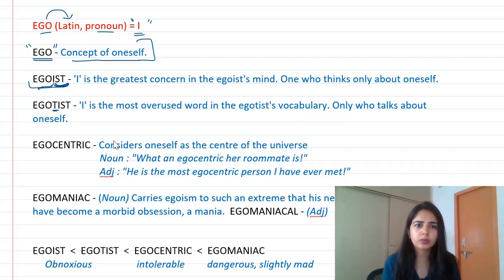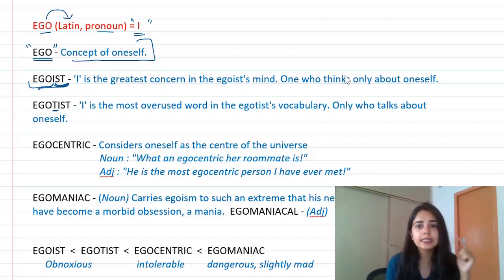One who talks only about oneself. So if I keep talking about myself, that I like this, I don't like that, I like to go there, I bought a bungalow, I bought a car, I'm going to fly business class, I'm going to Dubai. If I boast about myself, if I just keep talking about myself, my dreams, my aspirations, my family, then I will be called an egotist. Okay, so this is the difference.